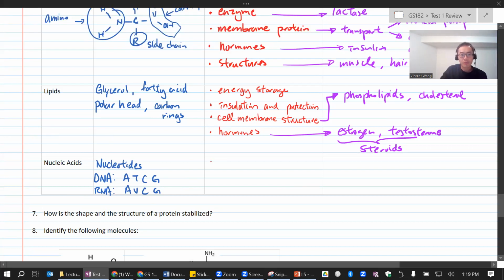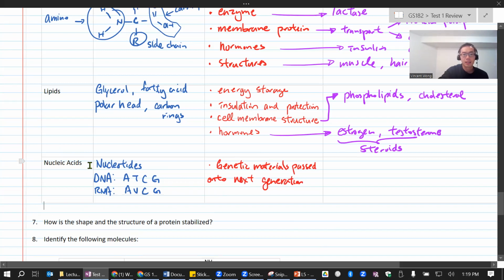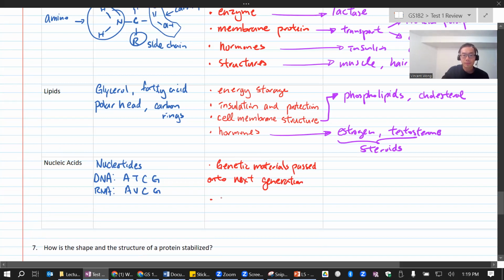In terms of biological function, it is genetic material, passed on to next generation. Okay. Also contains instruction.